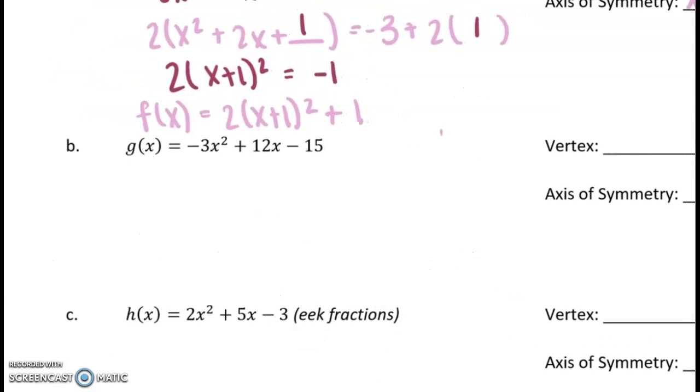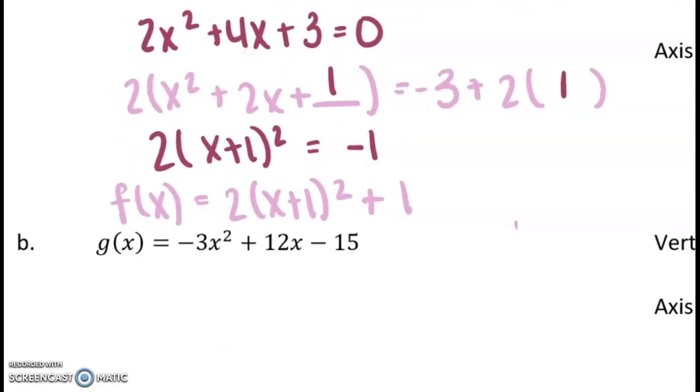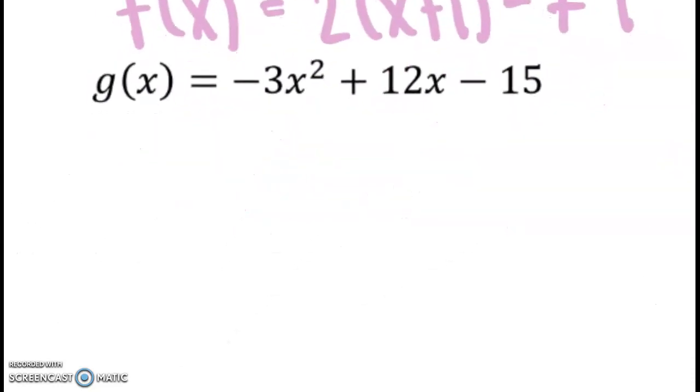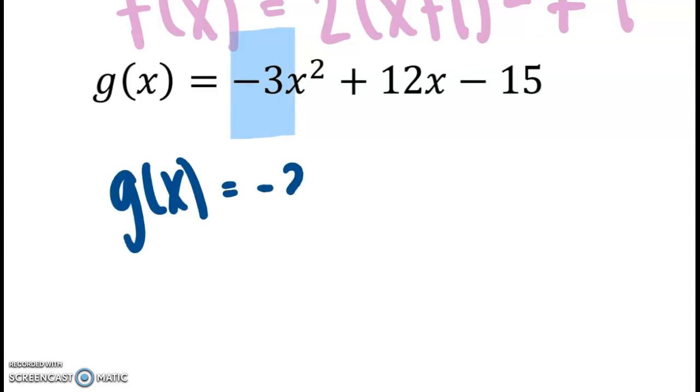Okay, so then here, I'm going to show you a different way we can approach it. If you don't like completing the square, we really don't have to do that here. I know my a value is 1, so I know that I'm going to have g of x equals -3 times something squared.